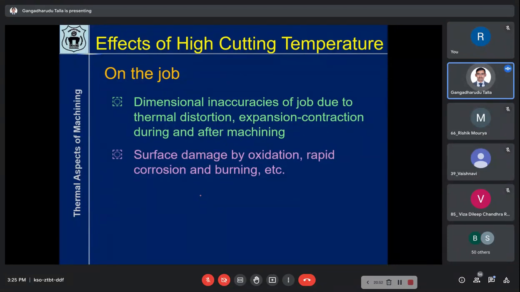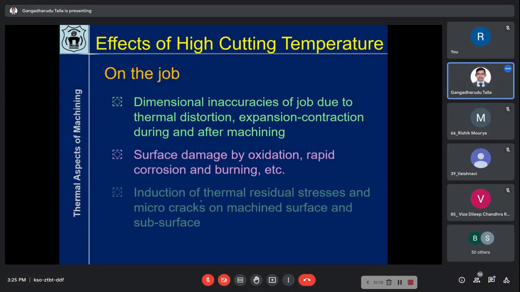And burning of the surface will also take place. The upper surface will be burned and become very brittle, and there will be chipping of this scale present on the machined surface.